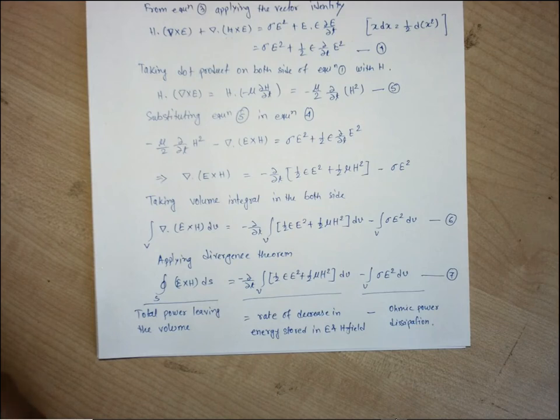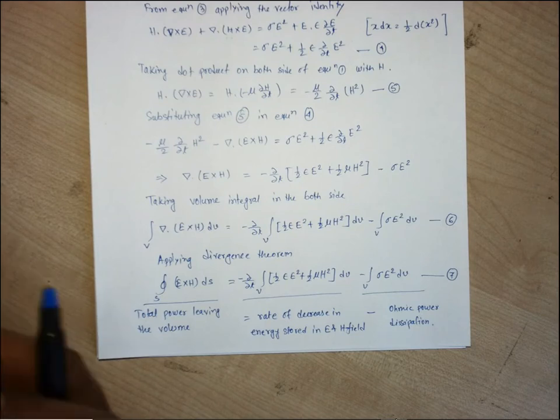The source is the source of the EM wave. Some electromagnetic waves are generated from the source kept inside a closed surface. So outside of that closed surface, how much EM wave is coming out of the surface will be equal to the rate of decrease of energy stored in electric field and magnetic field intensity.